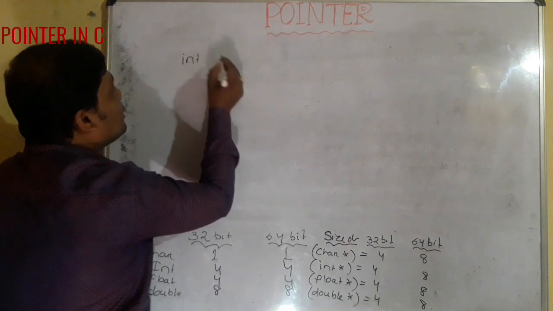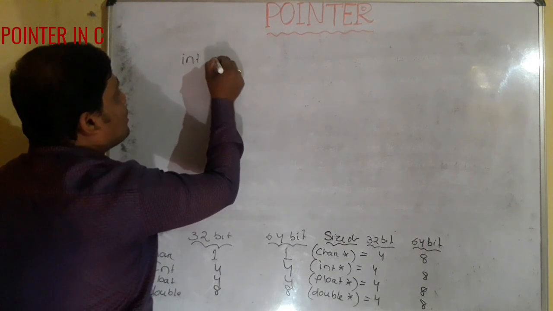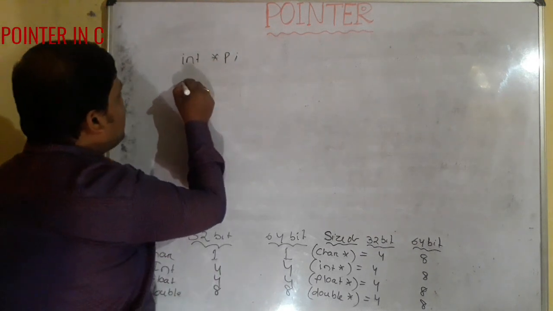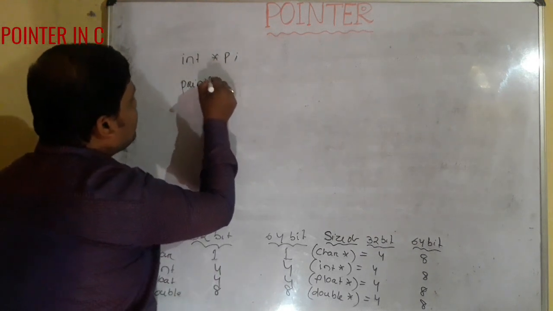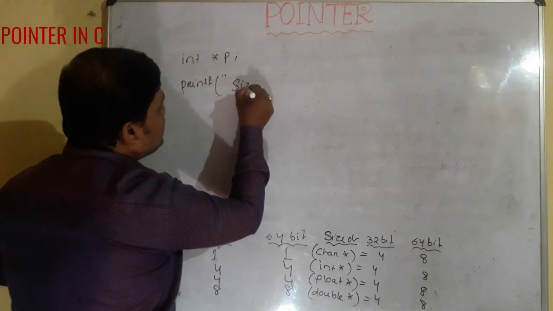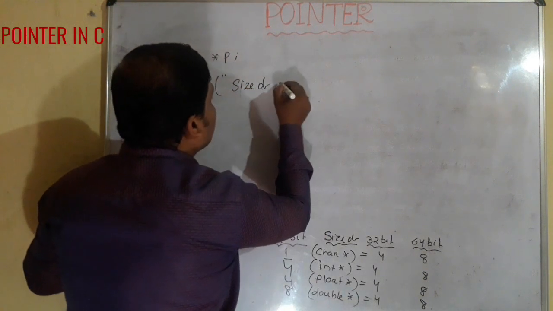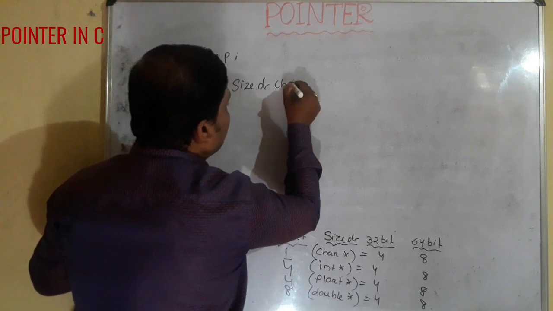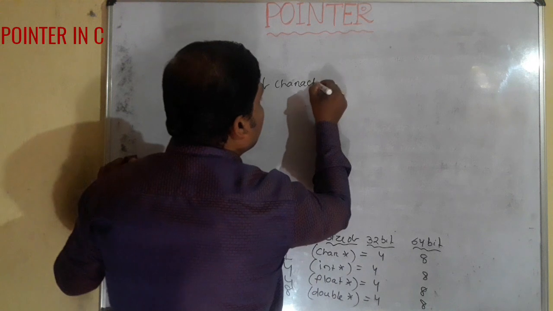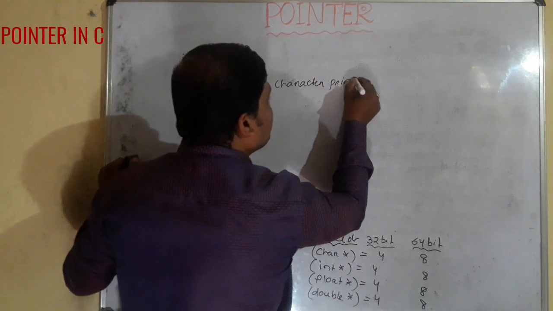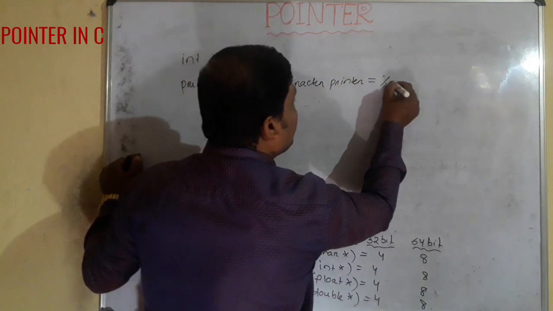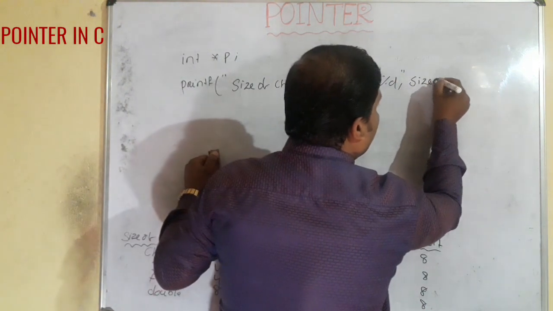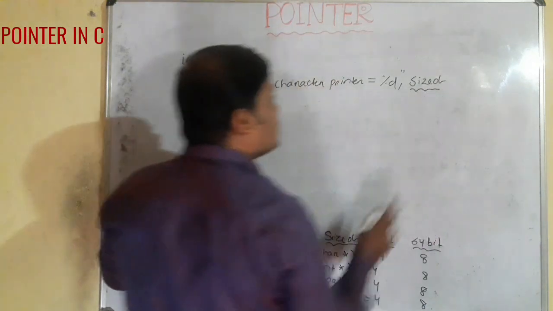Suppose I am taking int star p, then printf size of pointer, size of character pointer, suppose character pointer equal to percent d, then sizeof is one word.